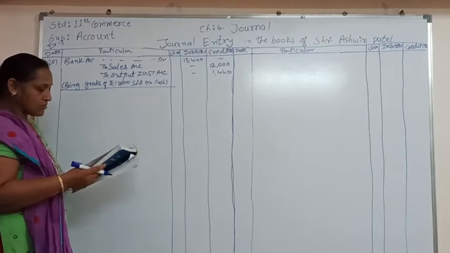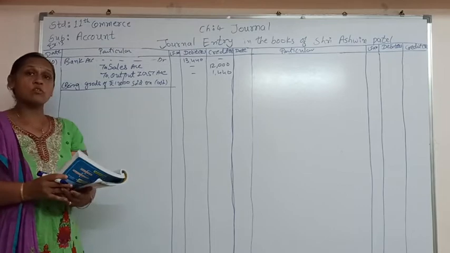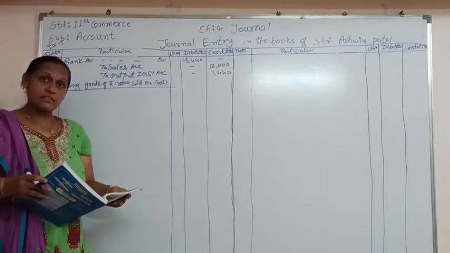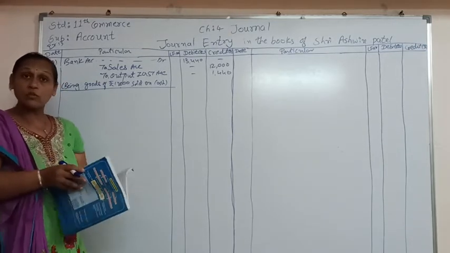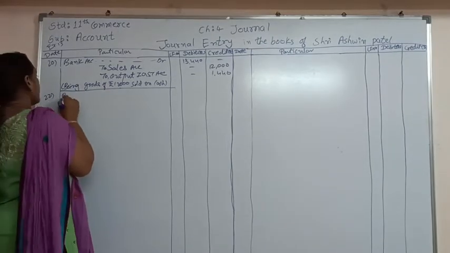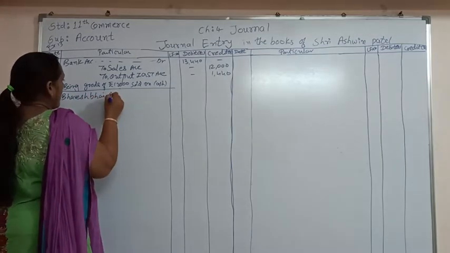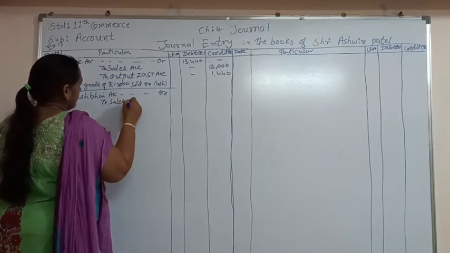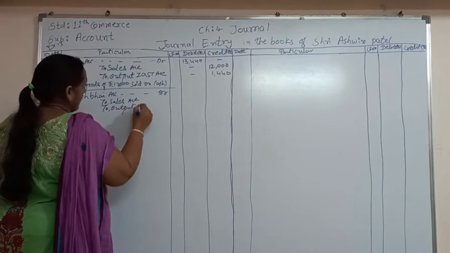Goods of rupees 18,000 sold to Bhavesh Bhai of Bhopal. So here we have sold the goods outside the state, that means output IGST, but here we have sold the goods on credit. So for that we are going to debit the Bhavesh Bhai account. So Bhavesh Bhai account debit, to sales account, to output IGST account.